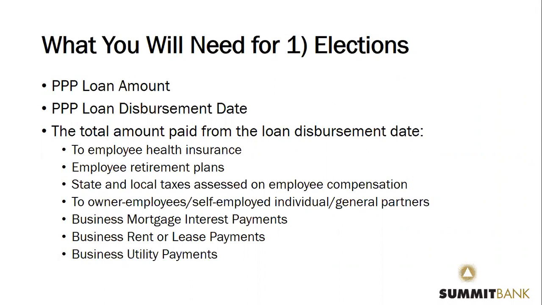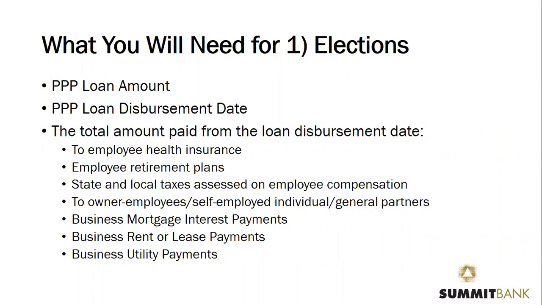So again, you'll need your PPP loan amount and dispersal date, as well as all of the payments made to employee health insurance, employee retirement plans, payments made to state and local taxes assessed on employee compensation, anything paid to owner employees, self-employed individuals, and general partners, payments on business mortgage interest, business rent or lease, as well as business utility during the covered period.